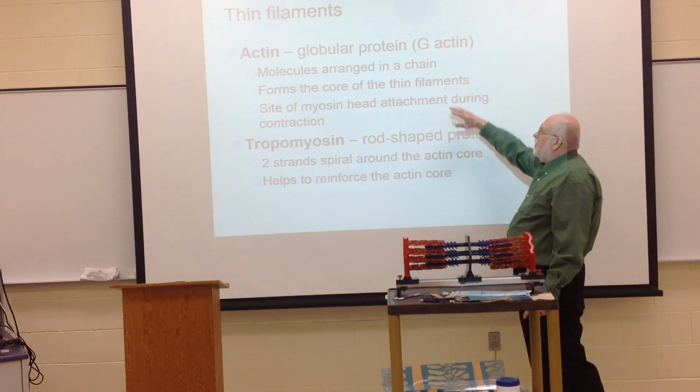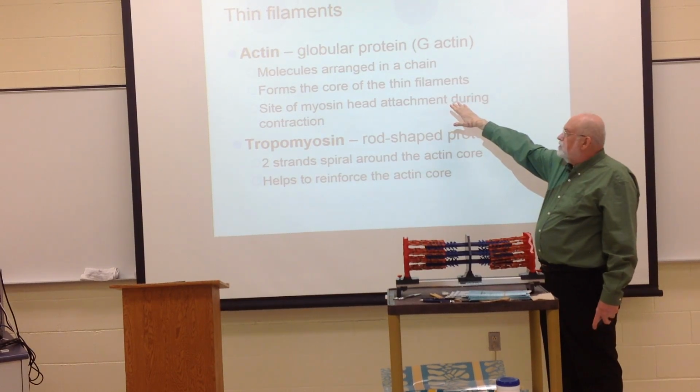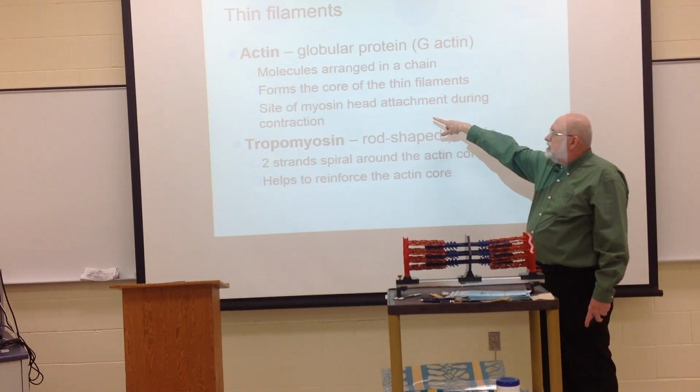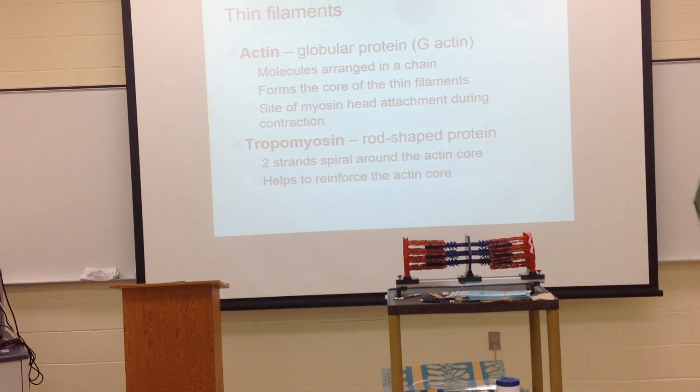Now, the thin filaments, as we said, actin, globular protein, on the actin molecules, there is the site for myosin head binding. When the muscle is relaxed, that binding site on actin is covered up by tropomyosin. All right? When the muscle is contracting, the myosin binding site on actin is exposed. All right? It's not covered up.